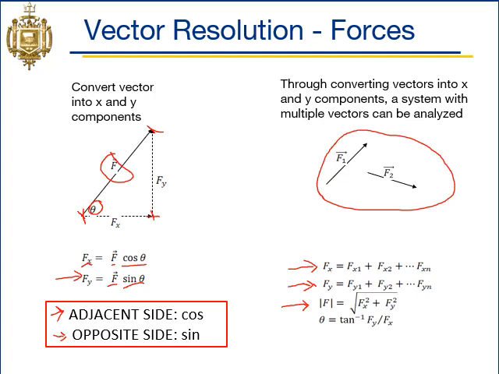Again, just some trigonometry that would give you the magnitude of the overall vector, the square root of the sum of the squares of the x and y components. And then to find the direction of that new vector, you would just take the inverse tangent of the y component over the x component. With all these things, we can start to get into our static equilibrium analysis.